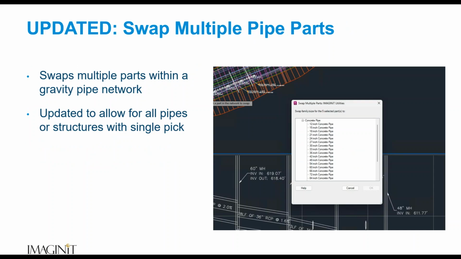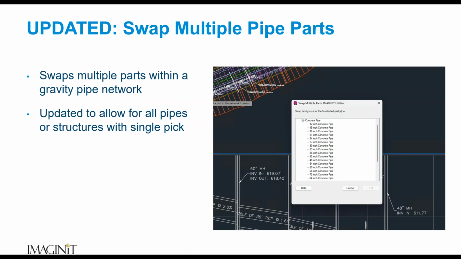We updated the swap multiple pipe parts routine, in that we had gotten some feedback, in this particular use case, there were a lot of structures in a gravity network.